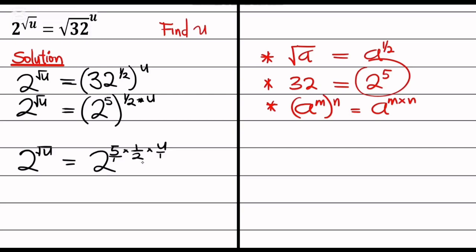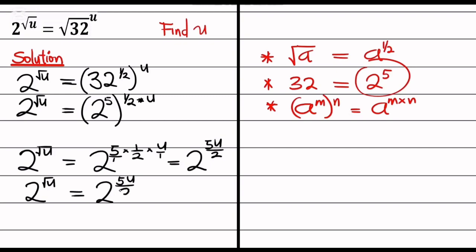Then at the level of the denominator, I have 1 multiplied by 2 multiplied by 1, that is 5u over 2. So I can rewrite and say 2 is now raised to the power of 5u over 2. At the end of the day, I still have 2 raised to the power of square root of u equals 2 raised to the power of 5u over 2.